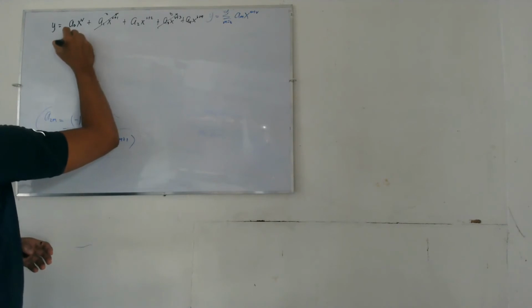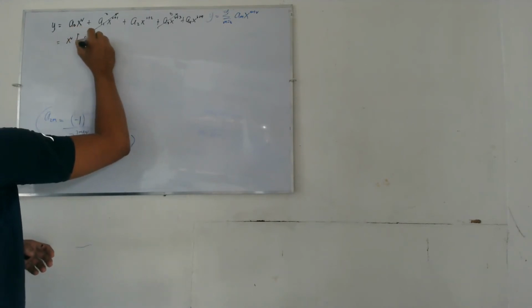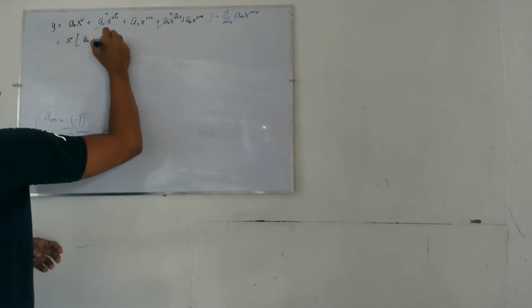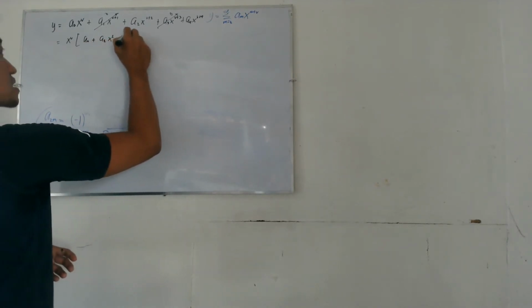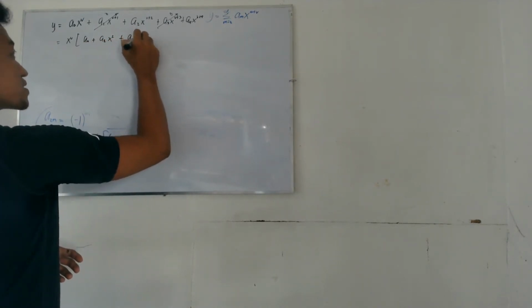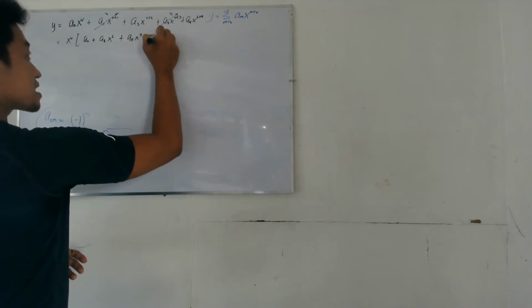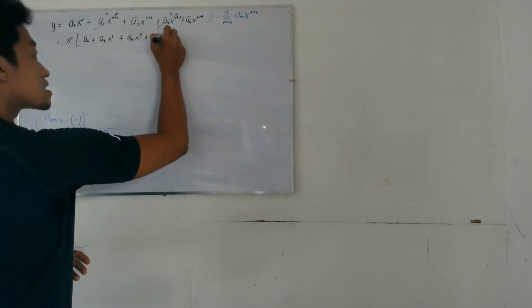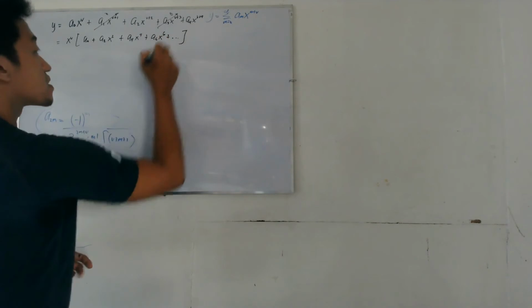But then again, we know that the odd coefficients are 0. Collect na to ang x^b. You have a0 plus a2 x squared plus a4 x to the fourth plus a6 x^6 plus so on. Okay?